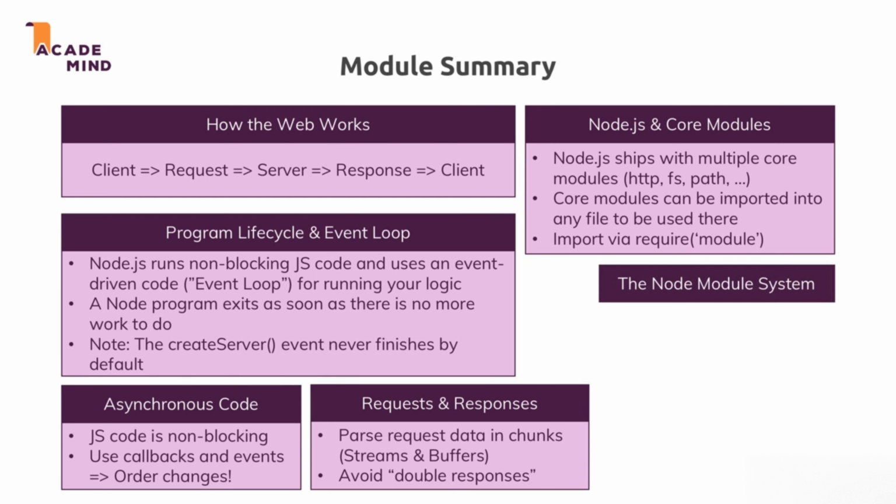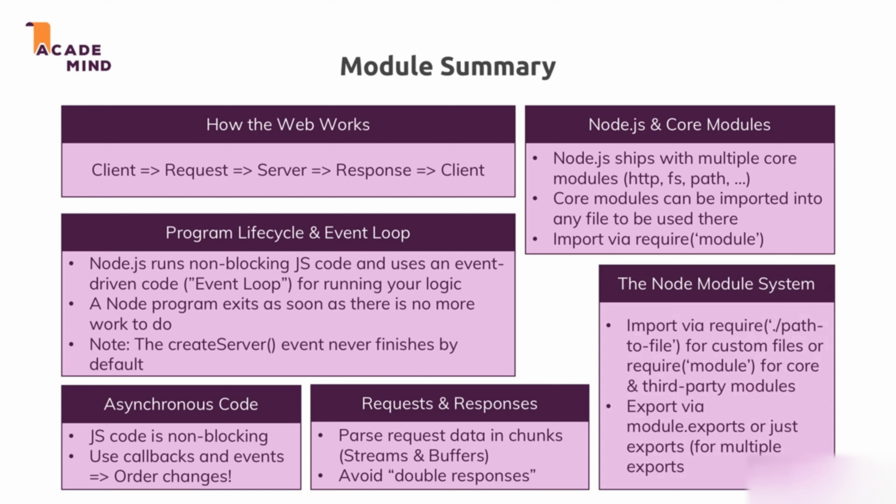Now that leads us to the Node module system, and this basically works with the help of the require keyword, which pulls some functionality from one of our files if we start with / or ./, or from a core or third-party module. We haven't used any third-party modules thus far, but we'll also do that soon.